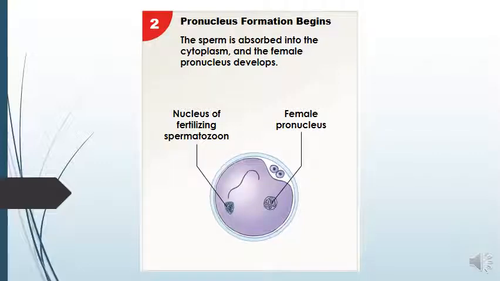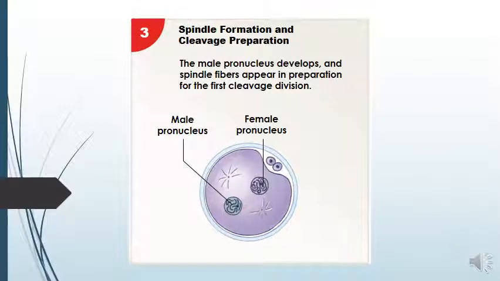Then the next thing that happens is that a pronucleus is formed. The sperm is absorbed into the cytoplasm of the oocyte, and the female pronucleus develops. And then the male pronucleus develops, and spindle fibers appear in preparation for the first cleavage division.